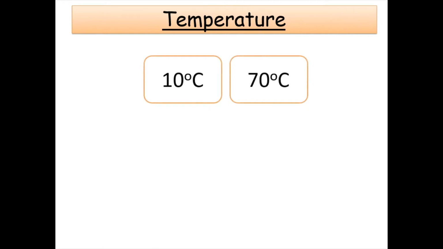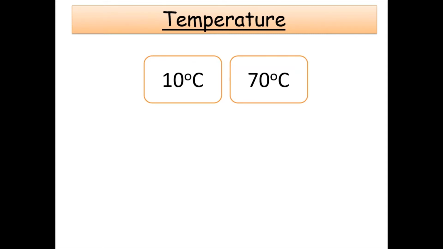Right, so we'll start with temperature here. Temperature is easy to understand because we've done work on particles before. And in physics, you should have learned about how particles move faster when they're heated up and slower if they're cooled down. So, if we increase the temperature to 70 degrees Celsius, the particles have more thermal energy, which they convert to kinetic energy, meaning they move around a lot more, and there's a higher chance of collisions.